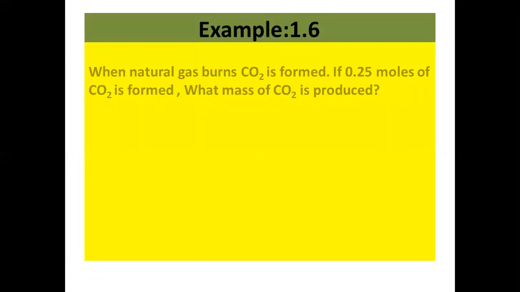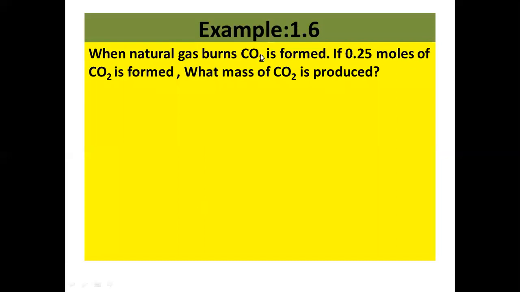Example 1.6. When natural gas burns, methane, carbon dioxide is formed. If 0.25 moles of carbon dioxide is formed, what mass of carbon dioxide is produced? Again, the same thing. Number of moles are given and we have to find out the mass.